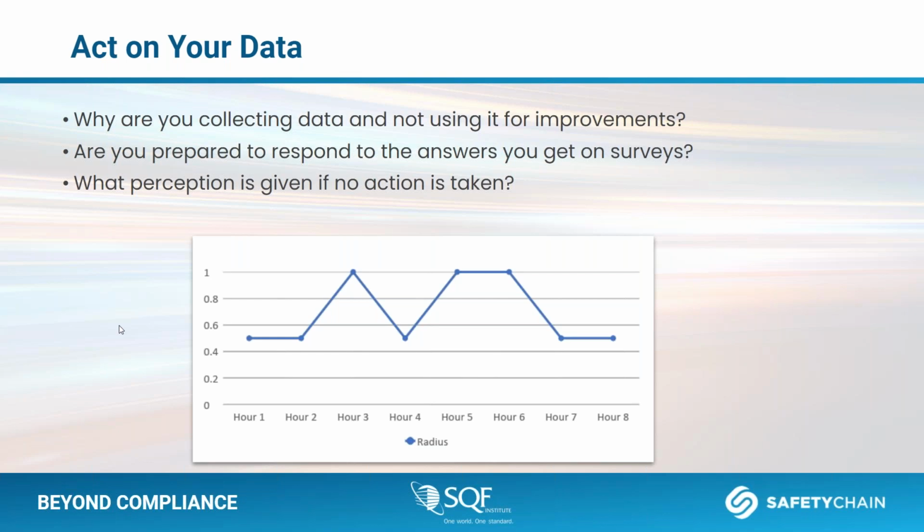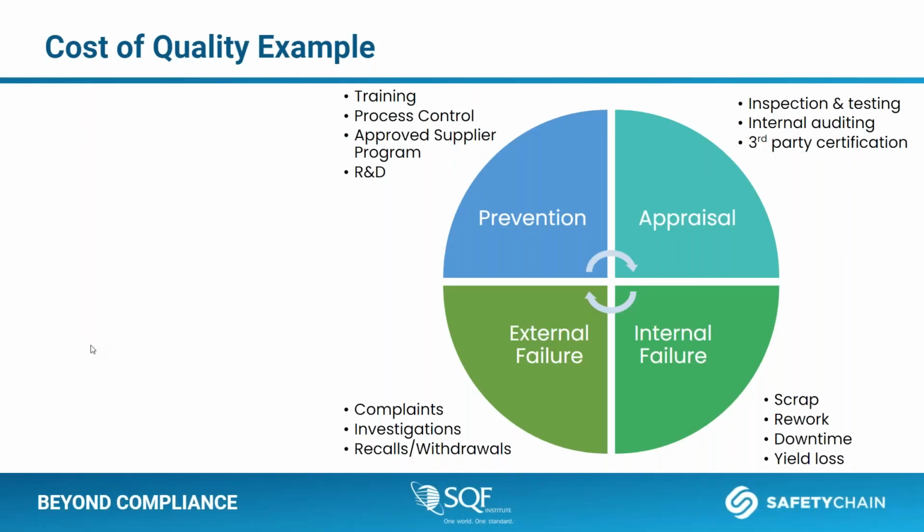Because what perception is given if no action is taken, right? Nobody cares. Why did I waste my time filling out a survey if nobody did anything? And it's just the perception. Maybe you did take actions and you didn't communicate it. So making sure you're acting on your data and communicating the results.